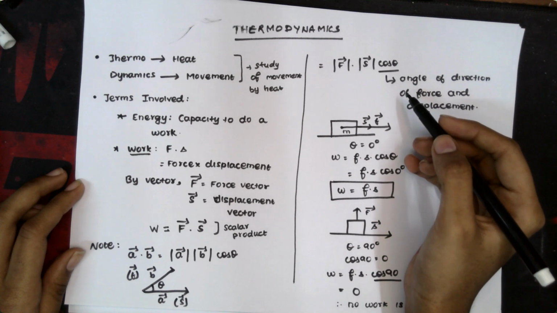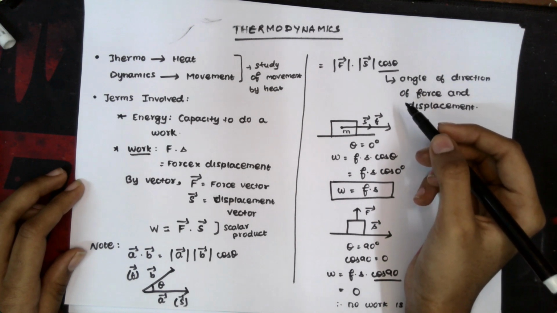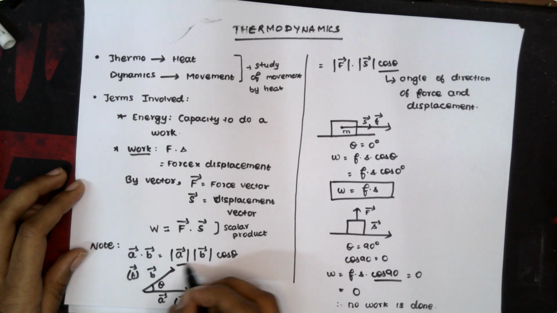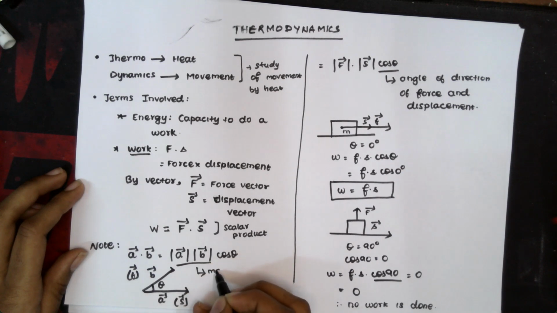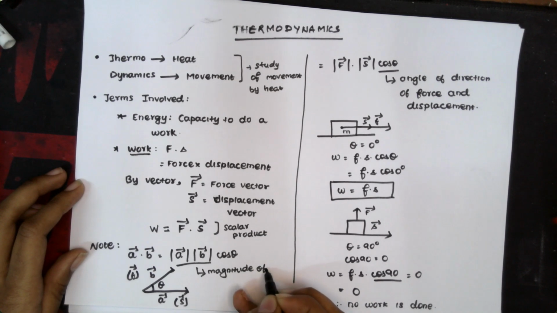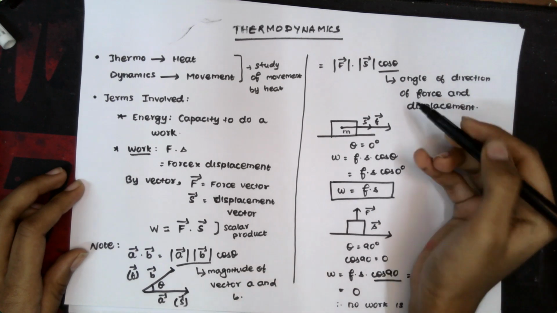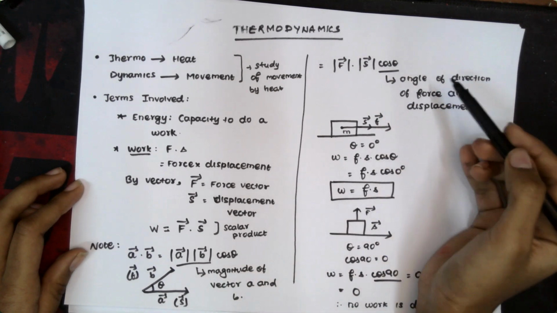So modulus of A means magnitude of vector A. Modulus of B means magnitude of vector B. And what is cos theta? It is the cosine of the angle between the two vectors. Are you able to follow?